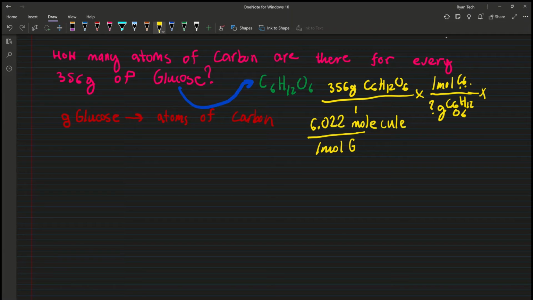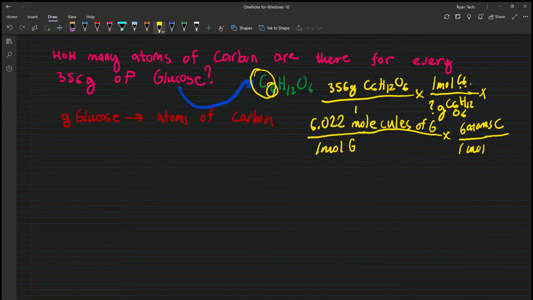Molecules of G. So you're going to times it by the amount of atoms in the glucose, which is 6 atoms, because it's C6H12O6, so there's 6 atoms of C. And finally, the 6 atoms for every 1 molecule.